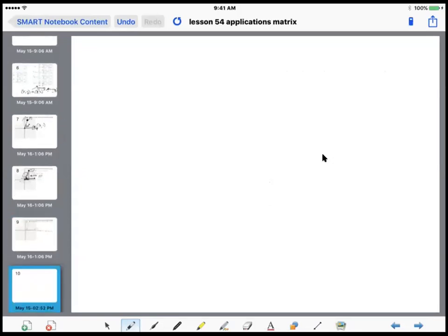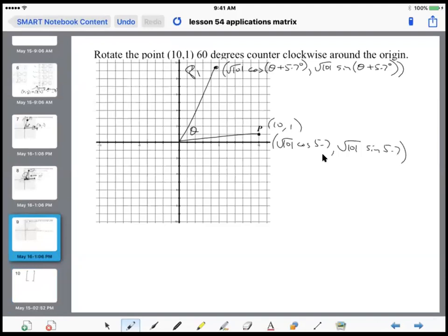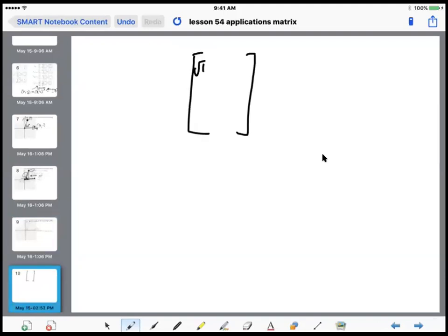Okay, so here comes the big lesson. The (10, 1) can be written as radical 101 cosine 5.7 and radical 101 sine 5.7.